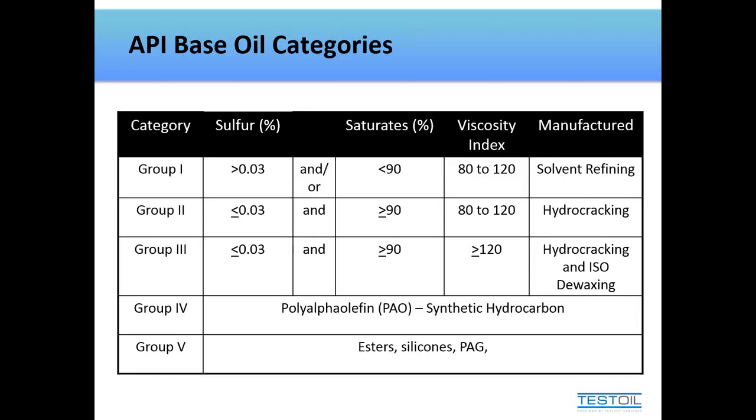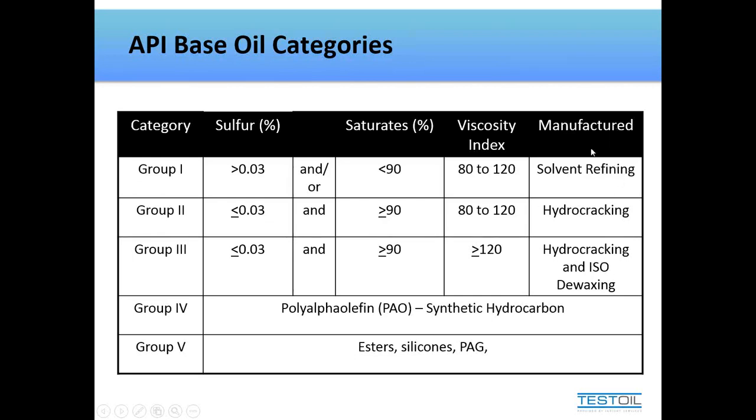The lower the number, the lower your index, or the less capable your oil is to remain stable between those extremes. Now, your group 2 oils have less sulfur in them, higher saturates, and your viscosity index is about the same as the group 1 oil.